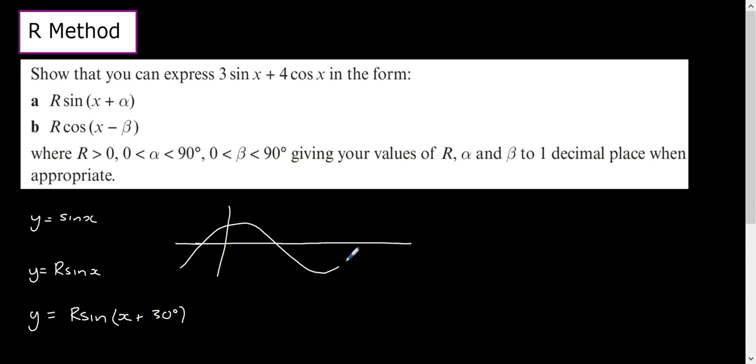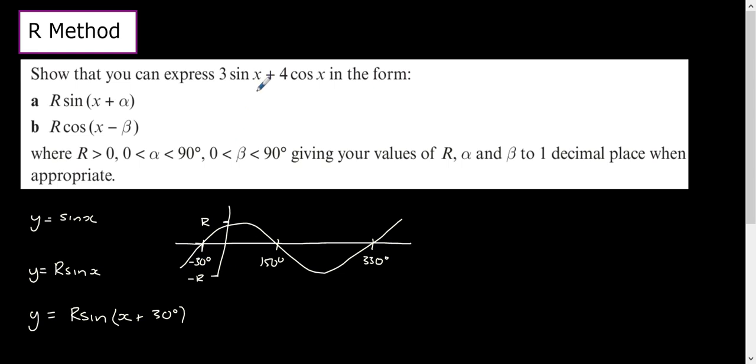Okay, so instead of crossing here at 360, it would now cross at 330. Instead of crossing here at 180, it would now cross at 150. And instead of crossing here at 0, it would now cross at minus 30. And instead of going up to 1, we've got our r, and below we've got minus r. So this is the graph of, for example, y equals r sine x plus 30.